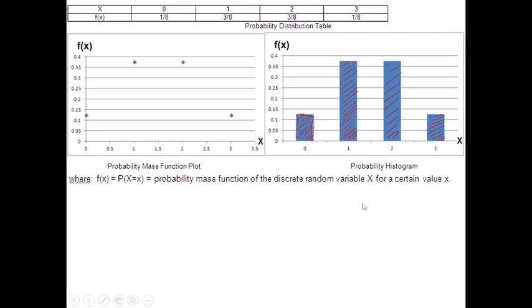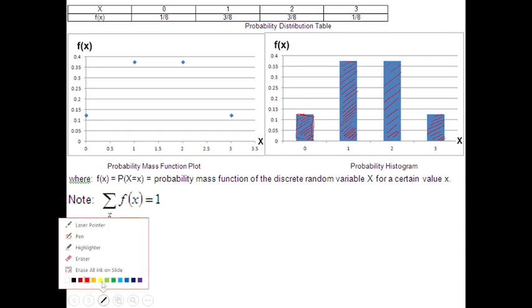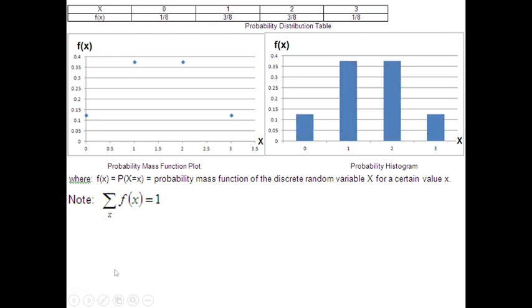So f of x equals the probability that X equals x. This is the probability mass function of the discrete random variable X for a certain value x. This is the notation: the summation of f of x for all values of x is equal to 1.